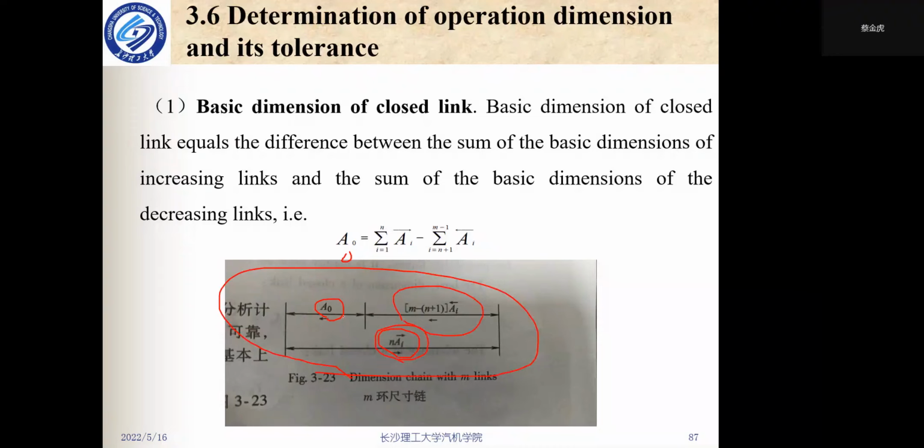So to I0, this dimension is a decreasing dimension, with the arrow to the left side, and this one is an increasing dimension. So we can calculate the dimension of the closed link by this one minus the decreasing dimension.